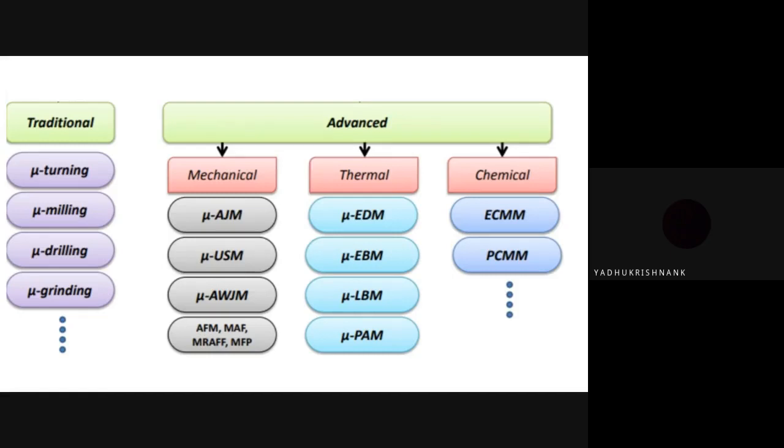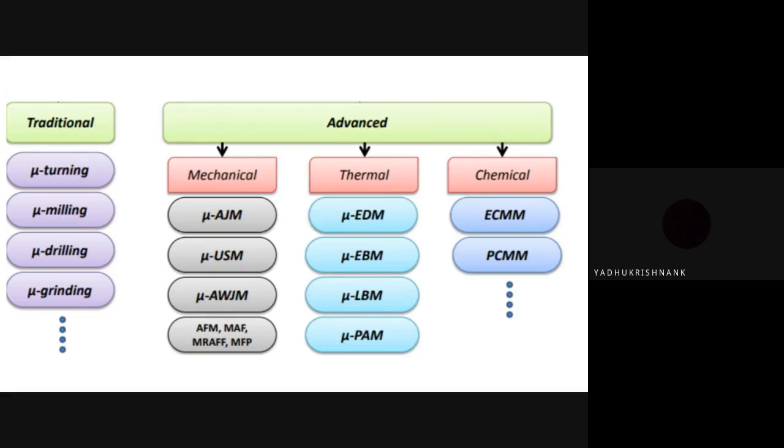These we have already seen: micro USM, micro AWJM, that is micro abrasive water jet machining, AFM, MAF, etc. These all come under mechanical action, that is, the material is being removed using mechanical action.